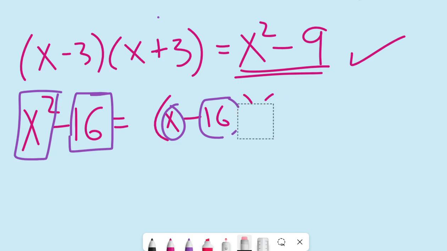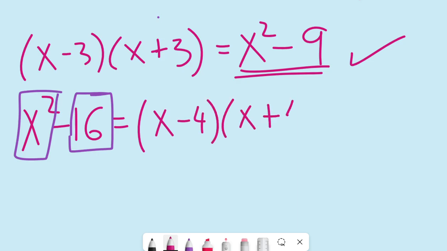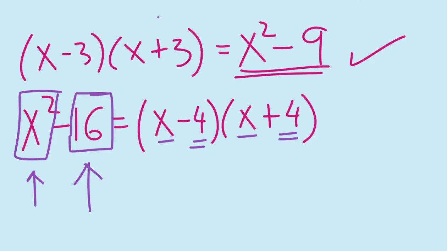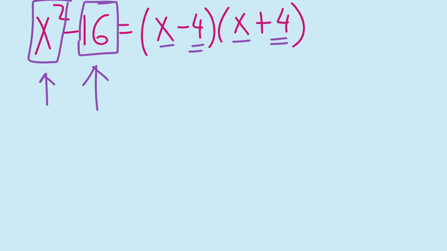So we remove this and we say x minus 4 and x plus 4. Because x multiplied by x is x squared, 4 multiplied by 4 is 16. Right? I hope that that makes sense. If not, please make sure that you watch it again, write the comments so that I can help you.